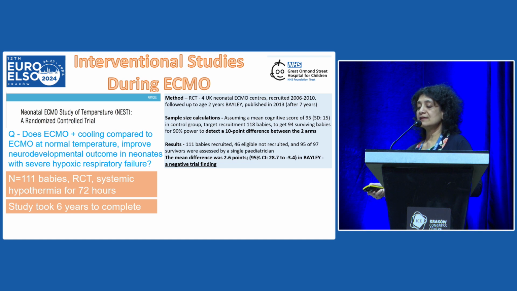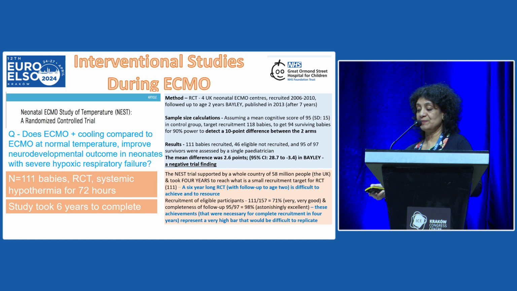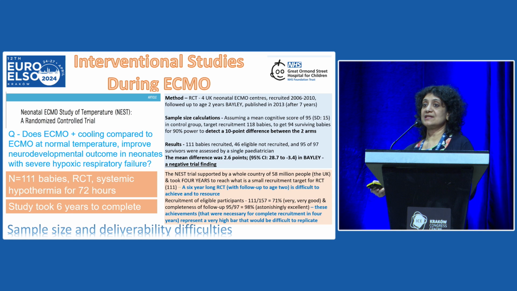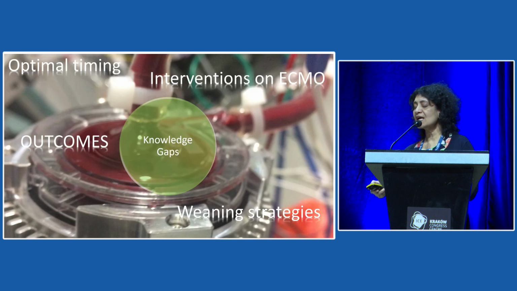The main outcome was a mean cognitive score between the two arms, to detect a 10-point difference, and here the difference was actually only 2.6, though they recruited 111 babies. Whilst they had very good recruitment and completeness of follow-up, what was important was that this was in the end a negative trial. And so there are important sample size and deliverability issues.